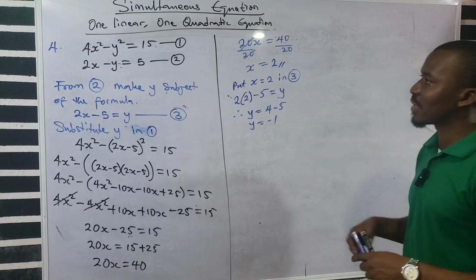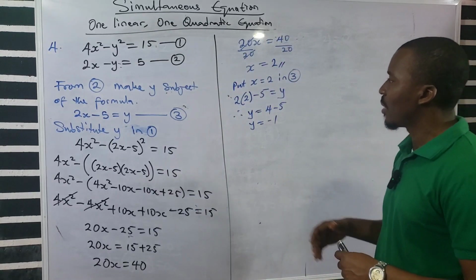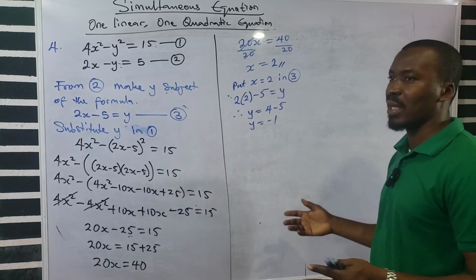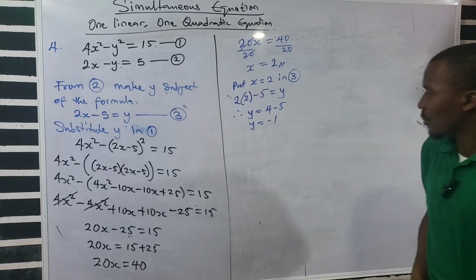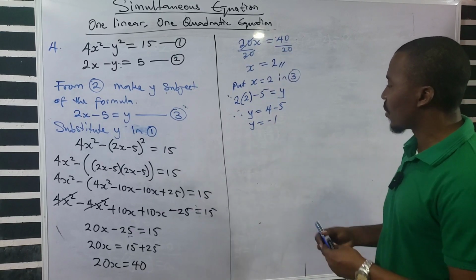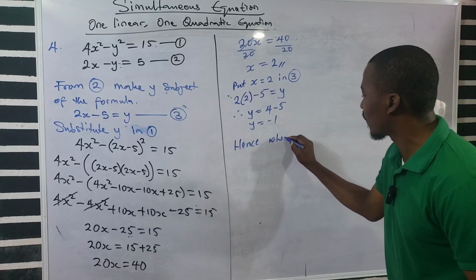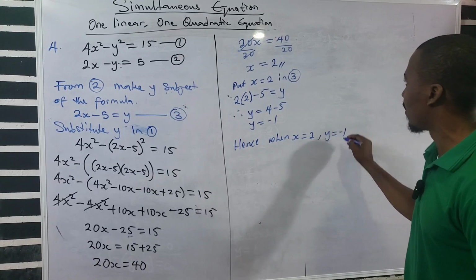So we can see that the question looks as if it's difficult, but the steps that we took to solve that problem are actually far simpler than the others. Okay, so you present your answer, hence when x equals to 2, y equals to minus 1.